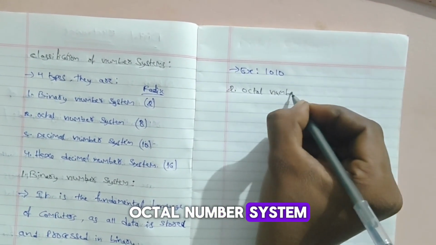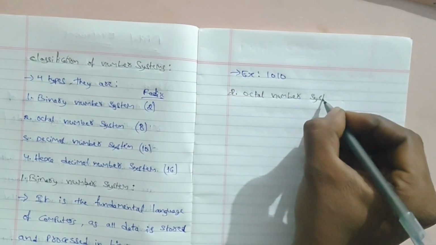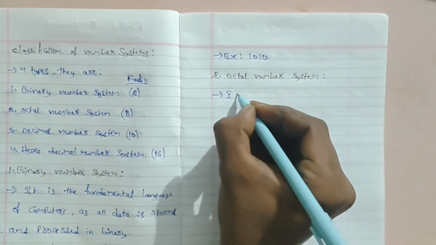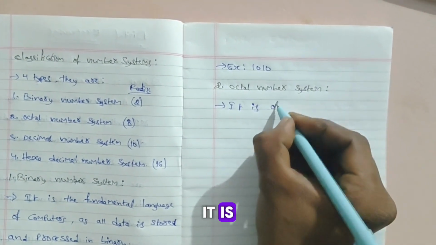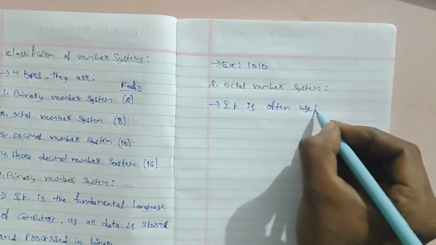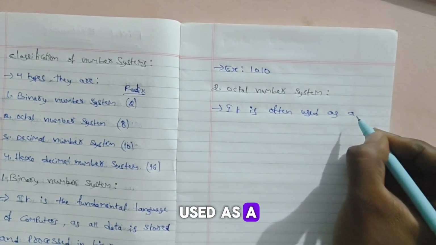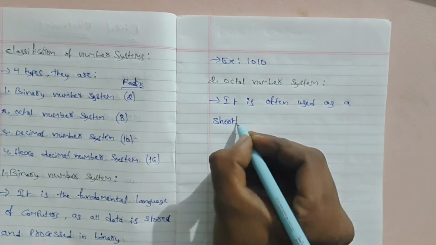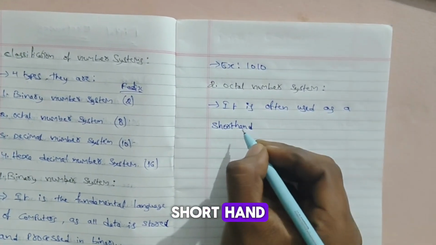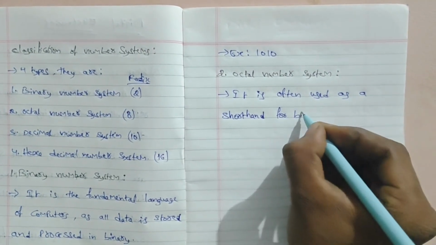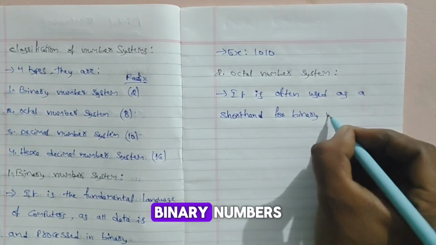The second one is the octal number system. It is often used as a shorthand for binary numbers.